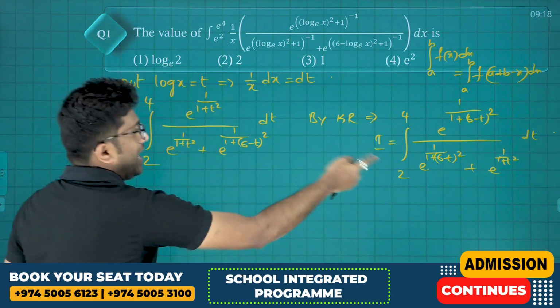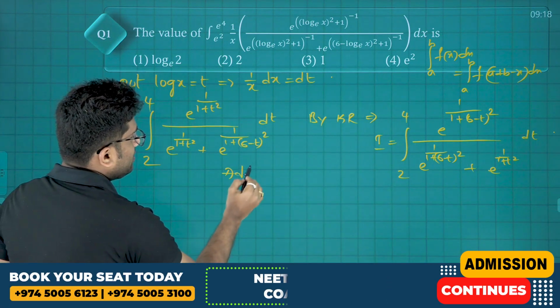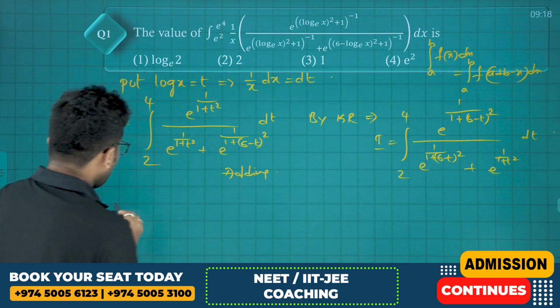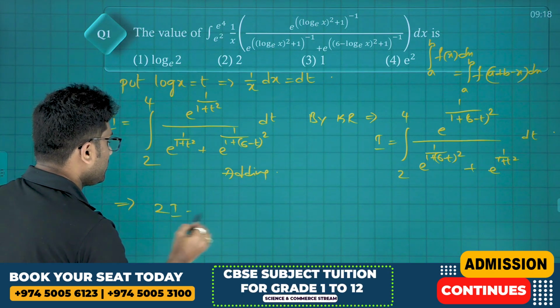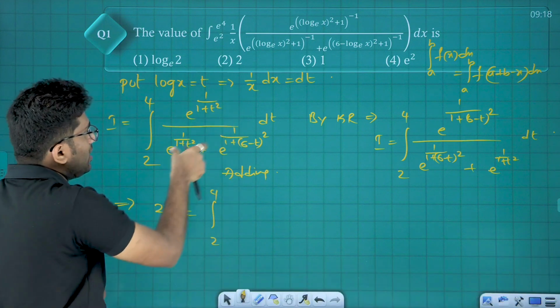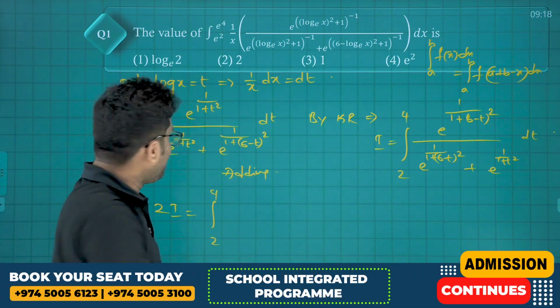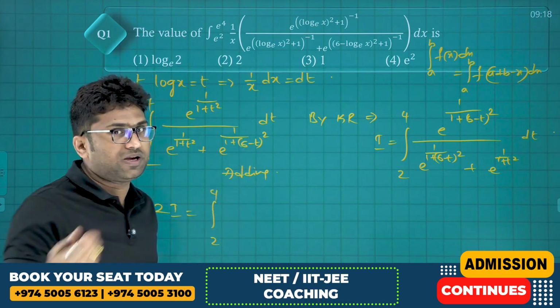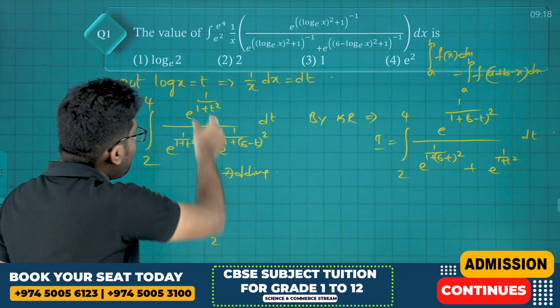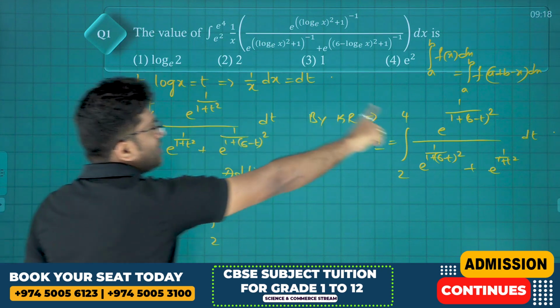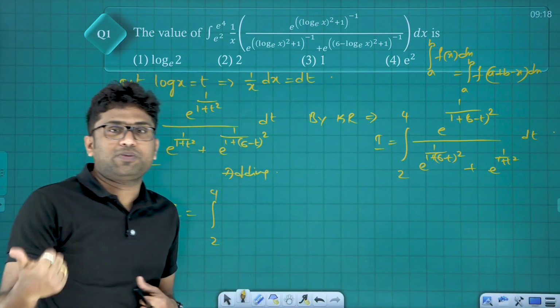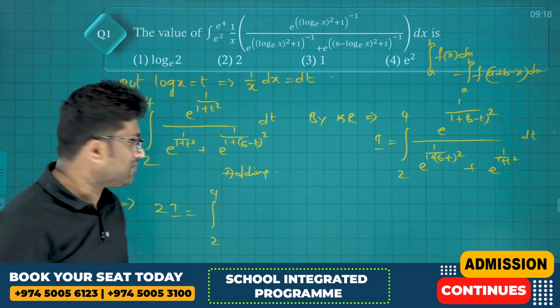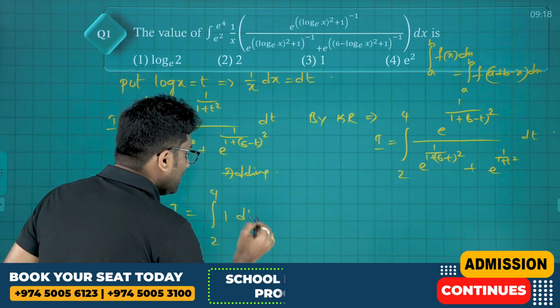Now if we add these two, friends, we get 2I equals integral 2 to 4. The denominator is the same for both: e power 1 by 1 plus t square plus e power 1 by 1 plus (6 minus t) whole square. The numerator will now be added: e power 1 by 1 plus t square plus e power 1 by 1 plus (6 minus t) whole square. So same by same, which is nothing but 1 dt.